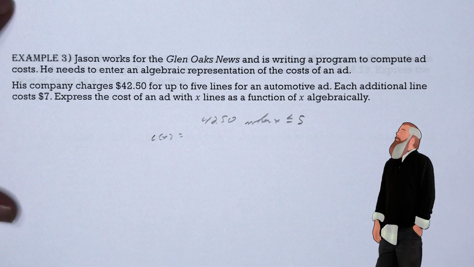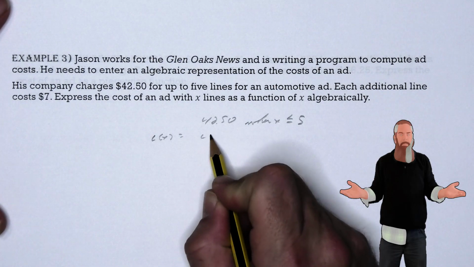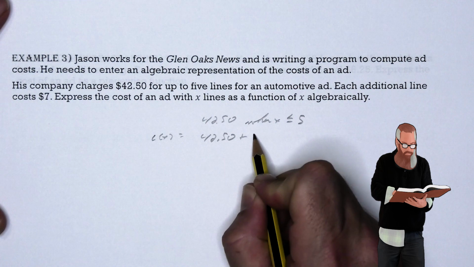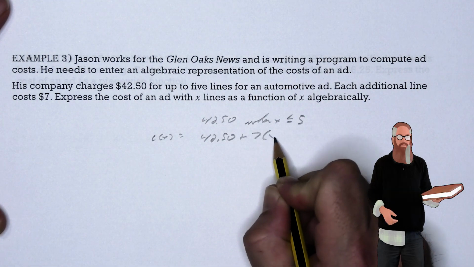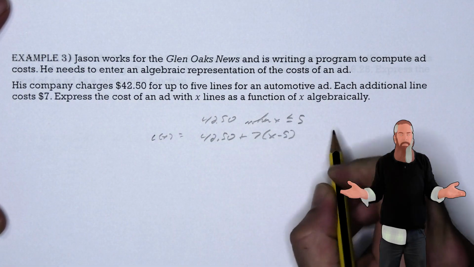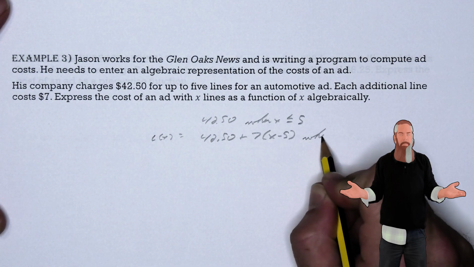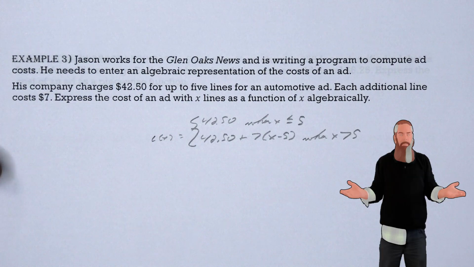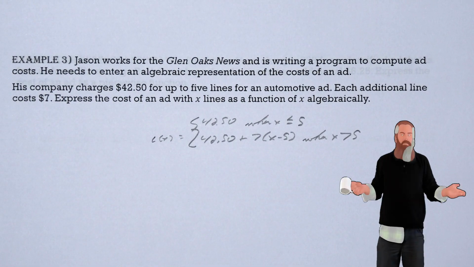These extra lines cost $7. So we know we have $42.50 automatically. We add to that the $7 per line over 5, and we're going to use this equation when X is greater than 5.